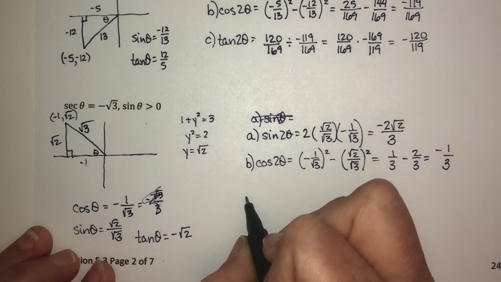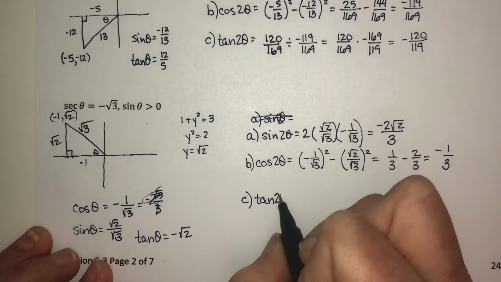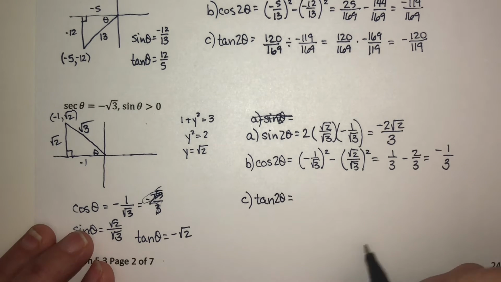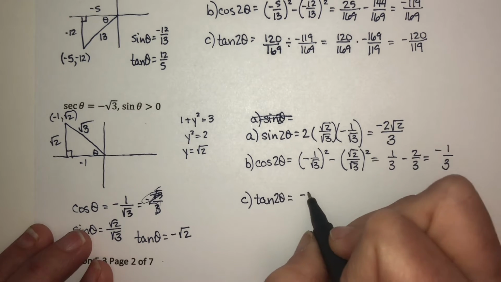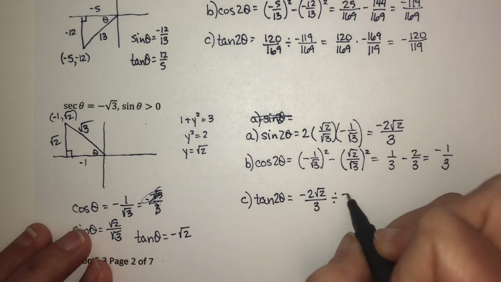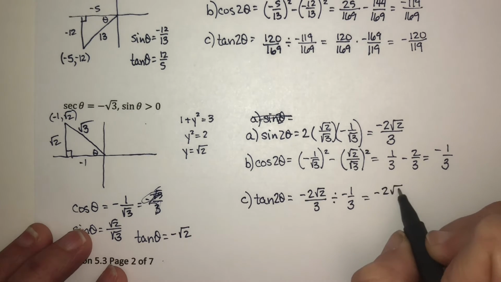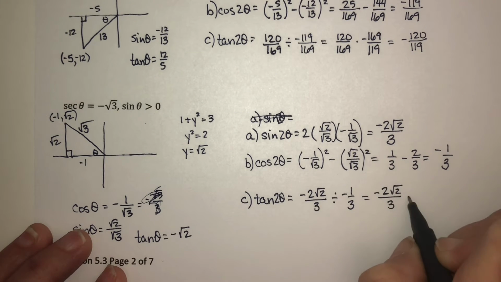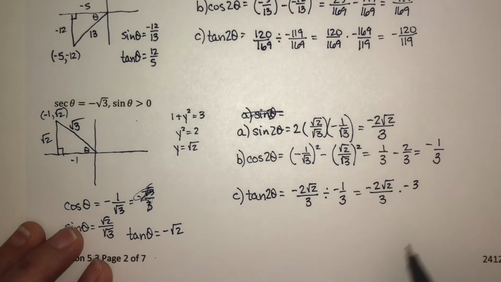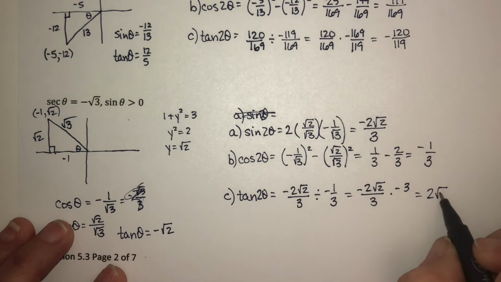In part C, tangent of 2 theta is going to be negative 2 times the square root of 2 over 3 divided by negative 1/3. So this ends up being just 2 times the square root of 2.